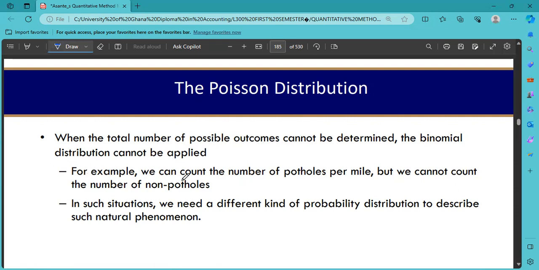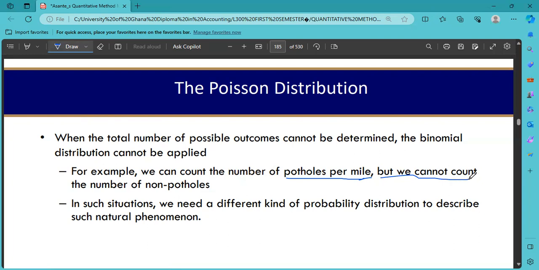For example, on the road, especially in Ghana, we can count the number of potholes per mile, but we cannot count the number of non-potholes, because it is almost like a mileage.